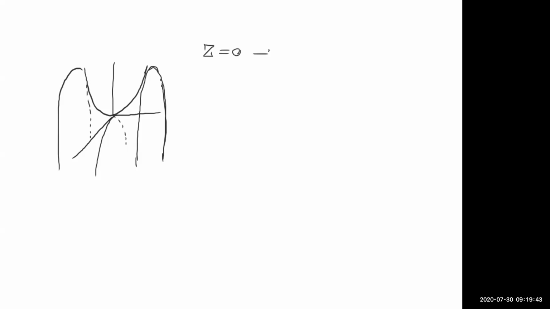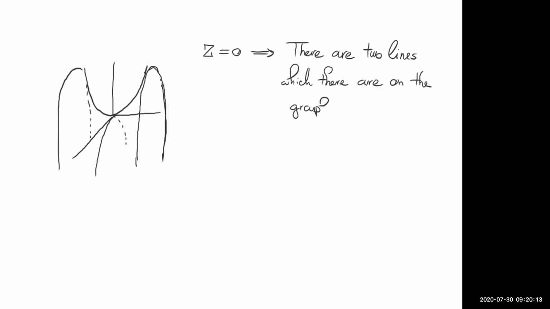And I told you there are actually two lines which lie on the surface of the function. That is correct. They are on the graph of the function.